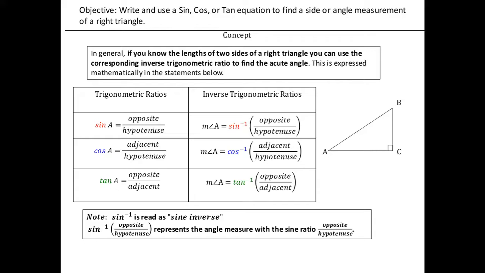So for today's lesson, we are going to be focusing on finding angle measurements. And so we have a concept here. It says, in general, if you know the lengths of 2 sides of a right triangle, you can use the corresponding inverse trig ratio to find the acute angle.